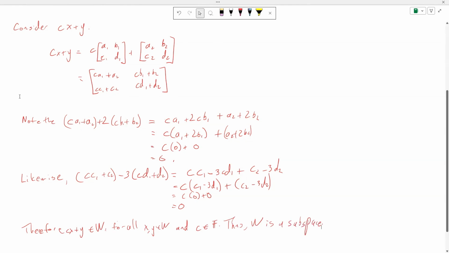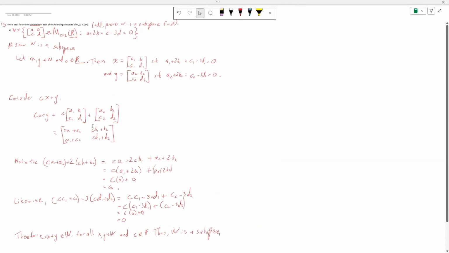So I've shown that W is a subspace. Okay, so that's the first part of the problem that we're going to do. We're going to show that W is a subspace.